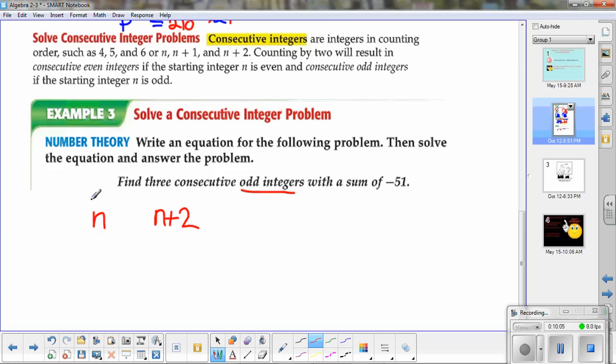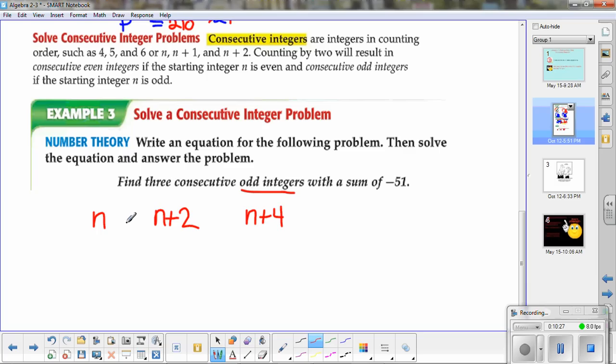Because, for example, if n were 5, the next odd integer is 7. So we would have to add 2 to what we started with to get there. And then our next one would have to be 2 more than we had there. So it's going to be a total of n plus 4.